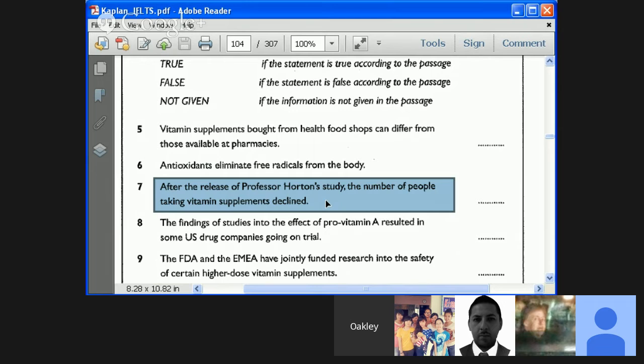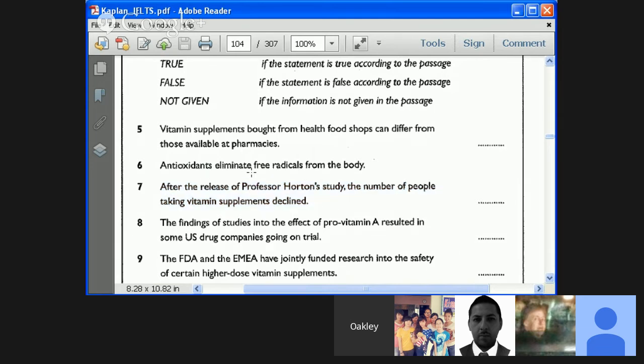Sometimes it's even helpful to reword it and rephrase it in another way. Frankly, it's good practice for the speaking exam because you're going to want to know how to paraphrase. That's perfect, that's terrific. Did people buy fewer vitamins after the study? Let's find out.